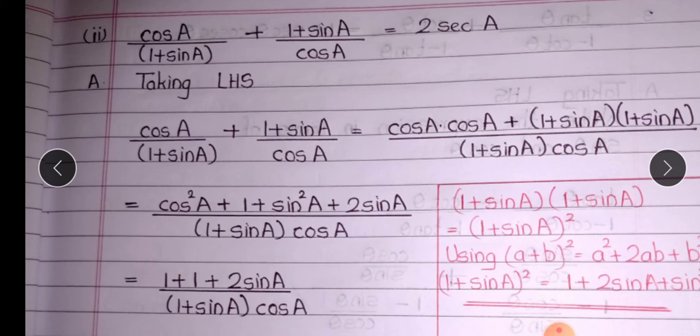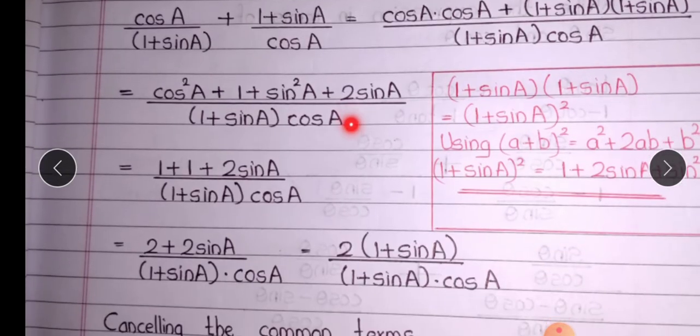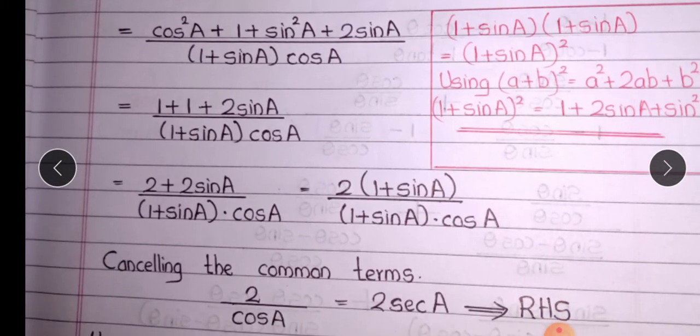So, I wrote 1 plus 1 plus 2 sin A by the denominator. What is the denominator? (1 plus sin A) into cos A. What is 1 plus 1? 1 plus 1 is 2. So, I can write it as (2 plus 2 sin A) by (1 plus sin A) into cos A.